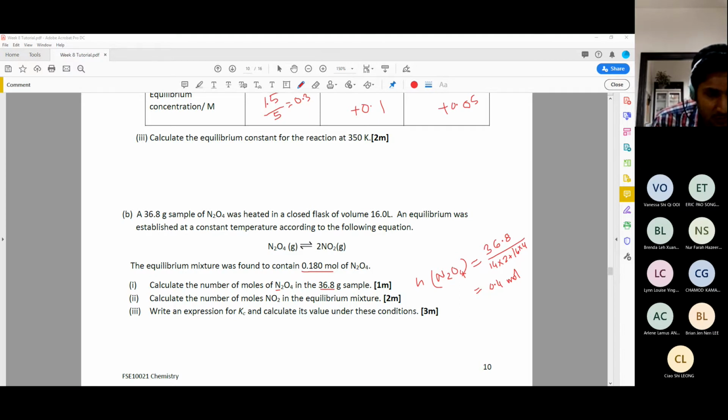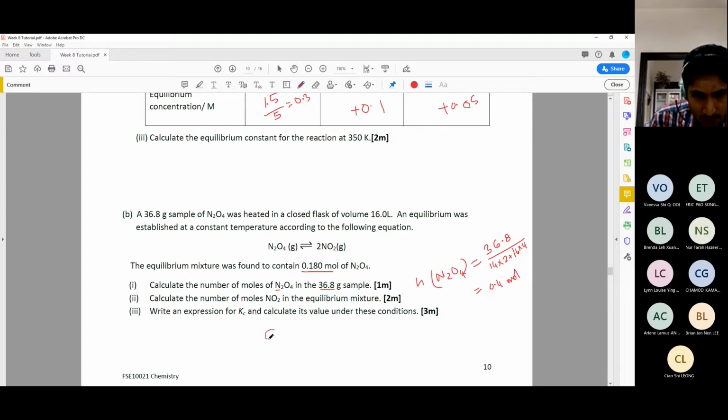So how many moles will be left over? We had started with 0.4, and at equilibrium we see that 0.180 mole of dinitrogen tetroxide was remaining. So the rest had been broken, right?